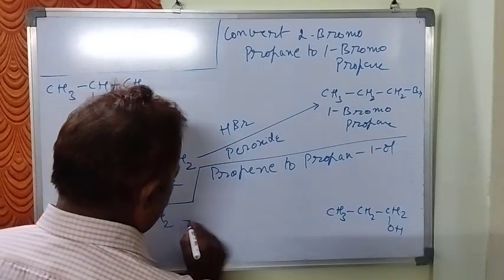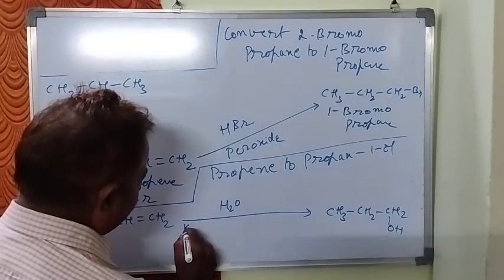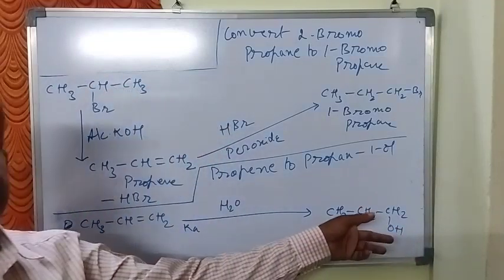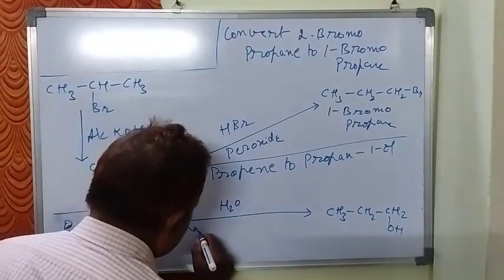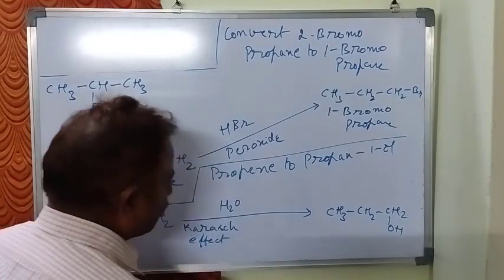Therefore, what we have to do here is add water. And of course, since the first carbon has to get OH, the negative part of the addendum, this is nothing but the Kharash effect. That means peroxide should be used.